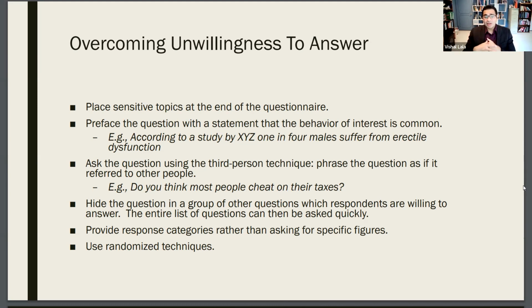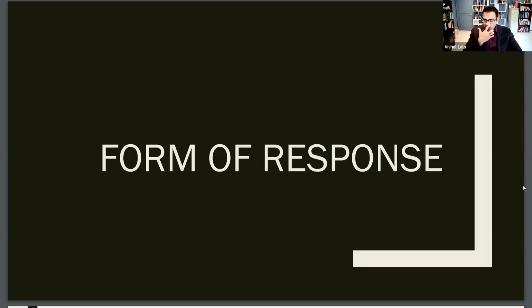But if you ask them to offer a discrete value, they're even less likely to respond to that question. You can also consider using randomized techniques to shuffle some of the questions around, again, to hide sensitive questions within a survey.